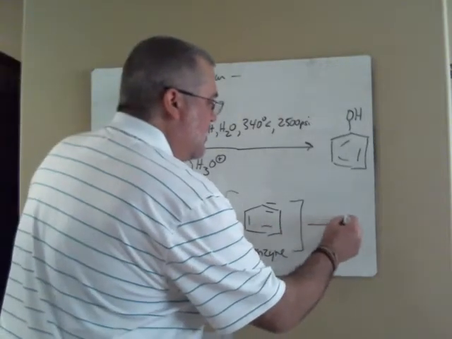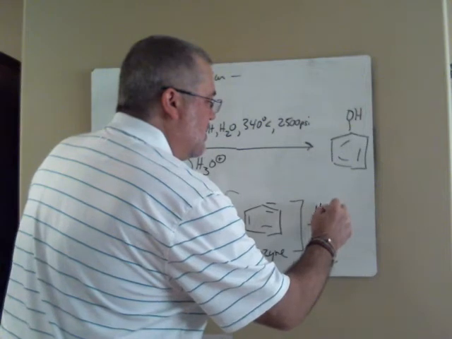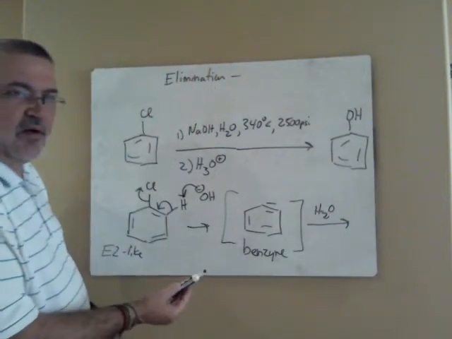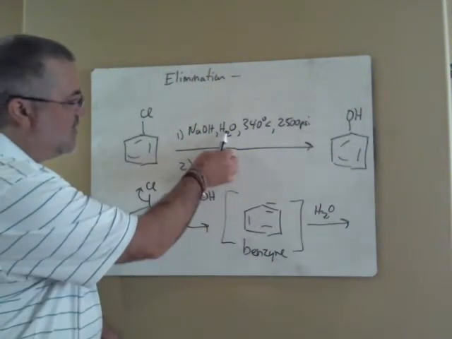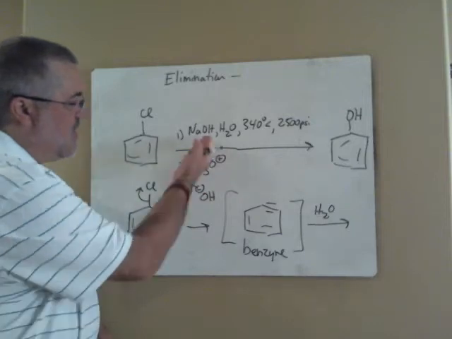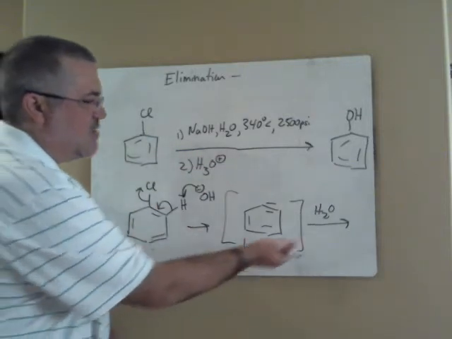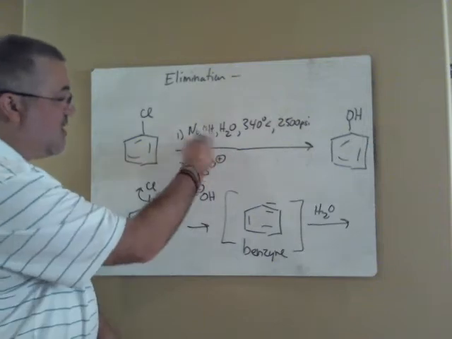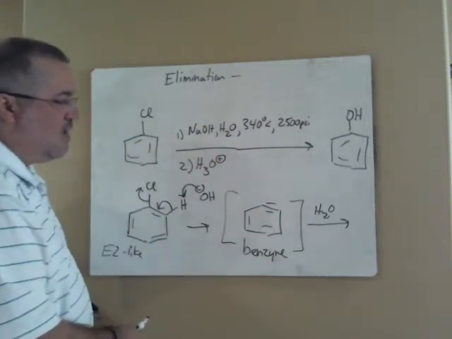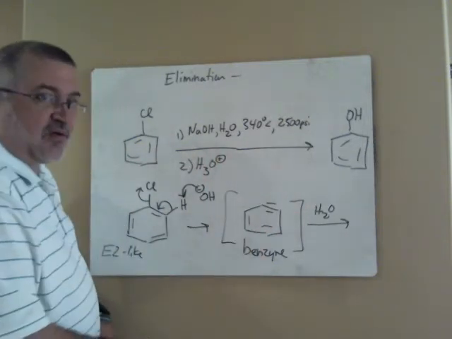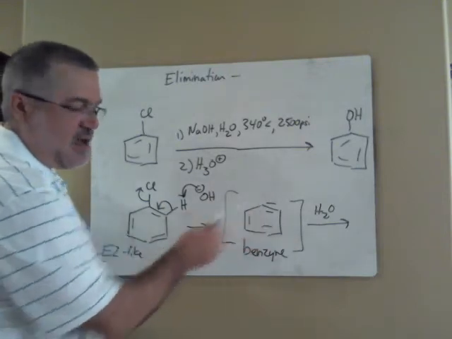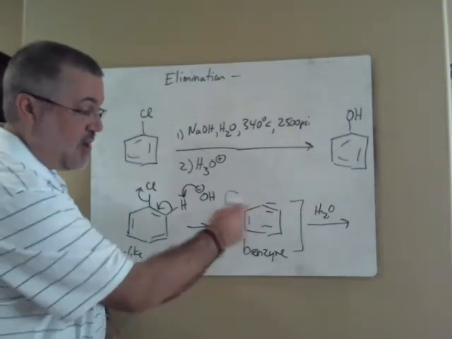And then you can treat it with something like water, which is present after the base has done the elimination. You have water, right? OH minus picking up a proton, it's water. That water then just adds across that pi bond of the triple bond.